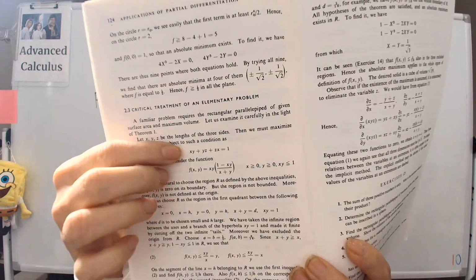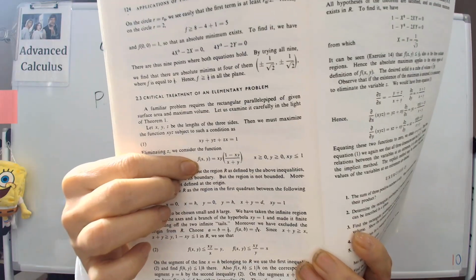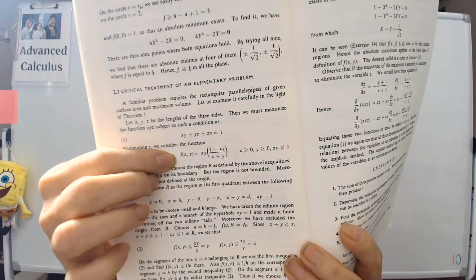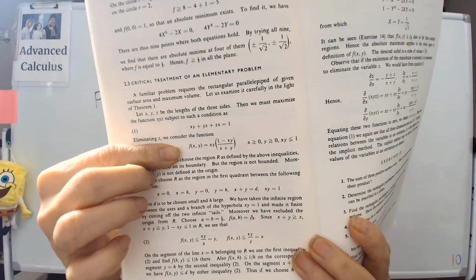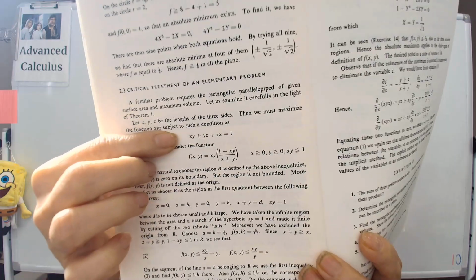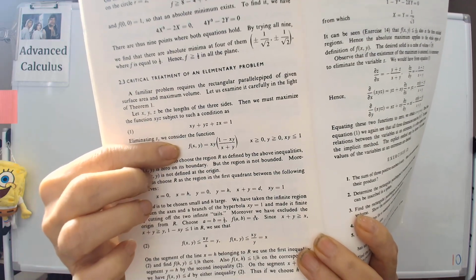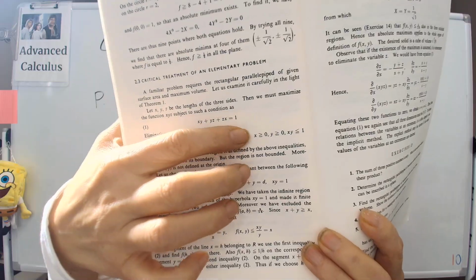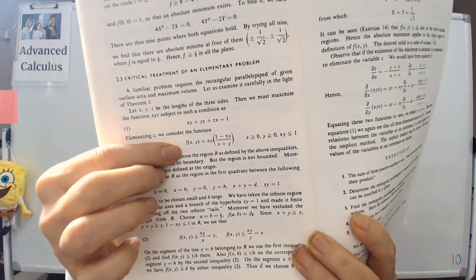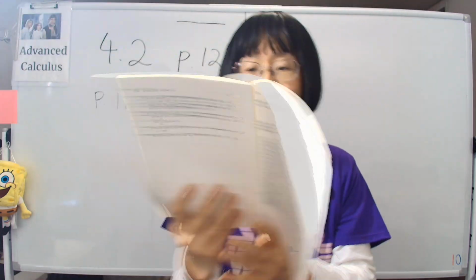And then the volume, of course, is xyz, which translates to, if we pull z out, the function of the volume equal to this, with the constraint of the surface area involved. And we need to figure out the maximum of this thing. And the restriction is x is bigger than 0, y is bigger than 0, and x times y has to be less than 1.